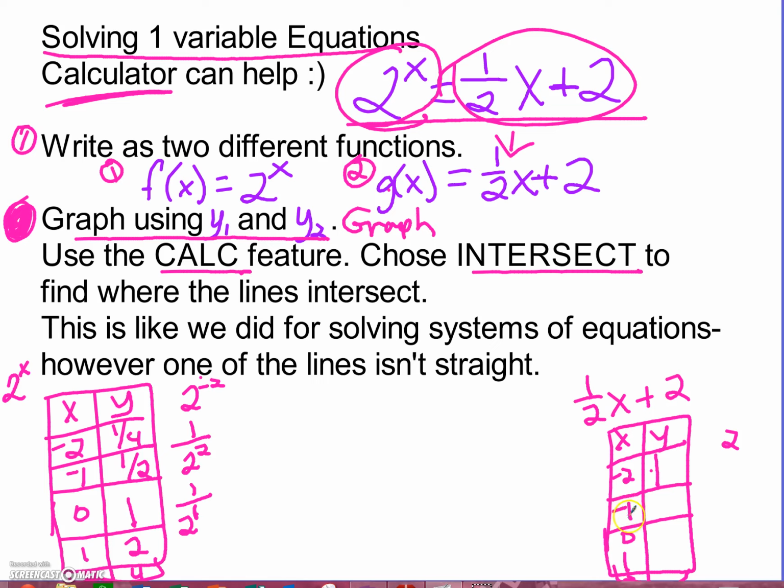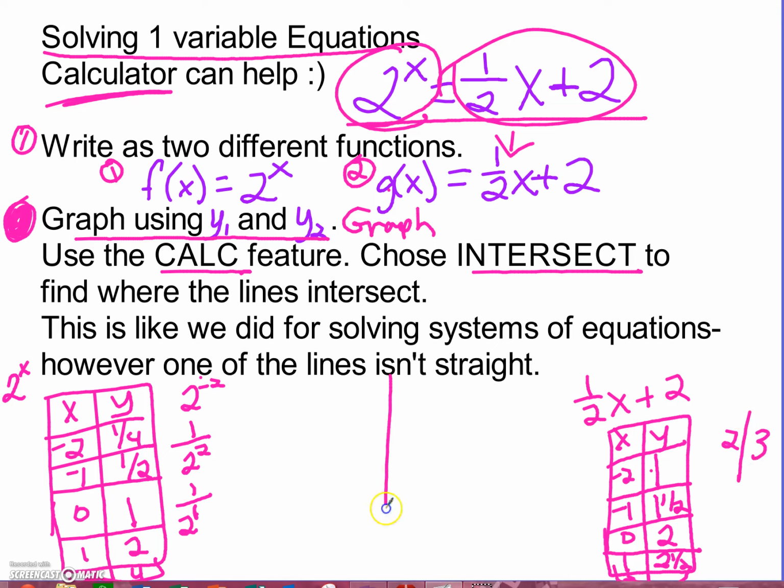Half times -1 is -1/2, plus 2 is 1 1/2. Half times 0 is 0, plus 2 is 2. 1 times a half is a half, plus 2, 2 1/2. And 2 times a half is 1, plus 2 is 3.